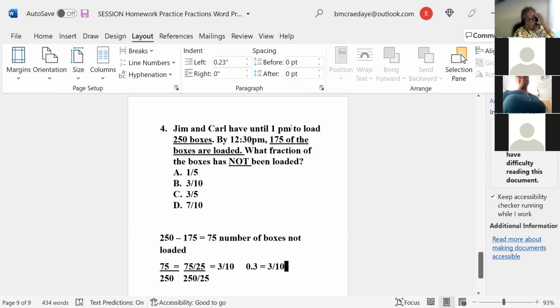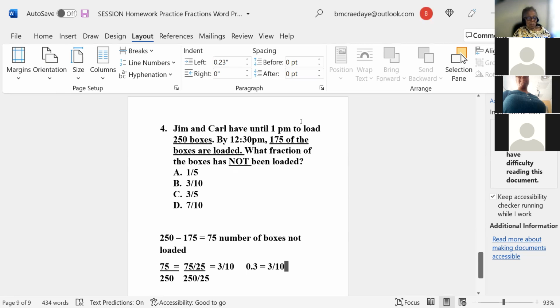Now you could have taken the 175 and divided by 250 to get 7/10, then subtracted that from 10/10 to get 3/10. 7/10 loaded, 3/10 not loaded. Total 10/10 is 1. Got it? Questions?